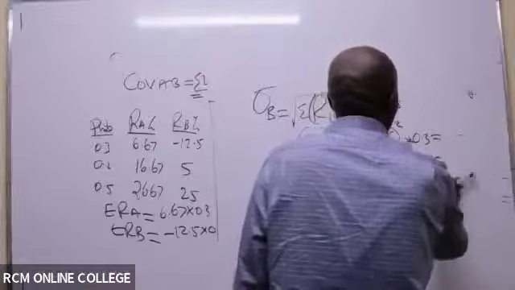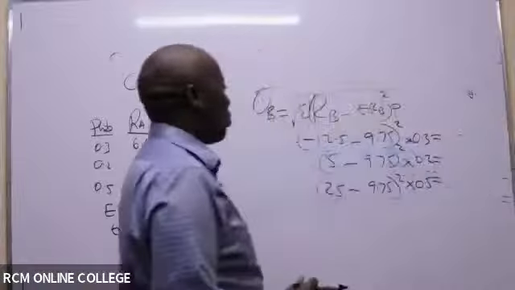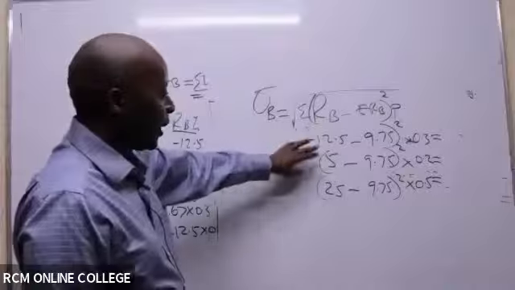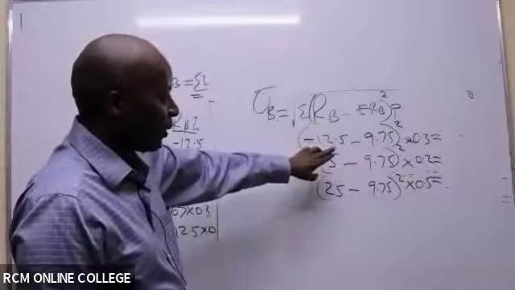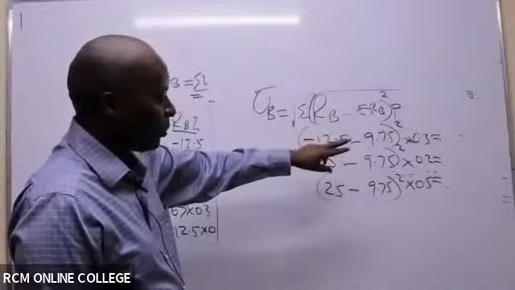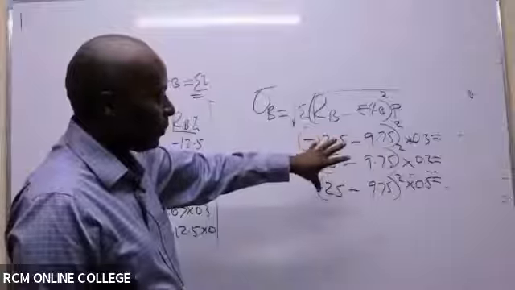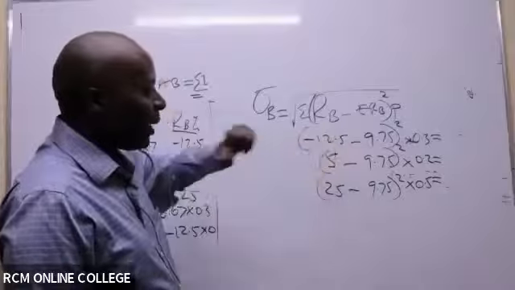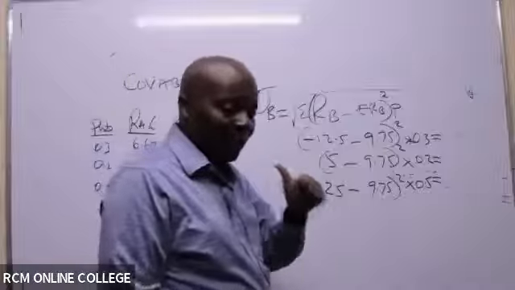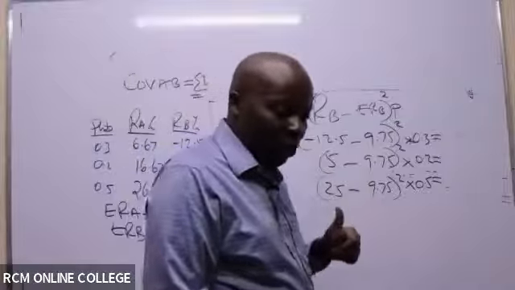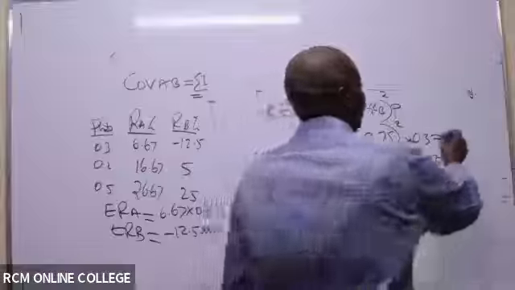So you should be able to do this: open brackets, minus 12.5, minus 9.75, you square, times 0.3. You give me an answer. And if you're not able to get an answer, it's my role to show you. You should tell me, mwalimu sijapata answer, please show me how you got it. 148.52.